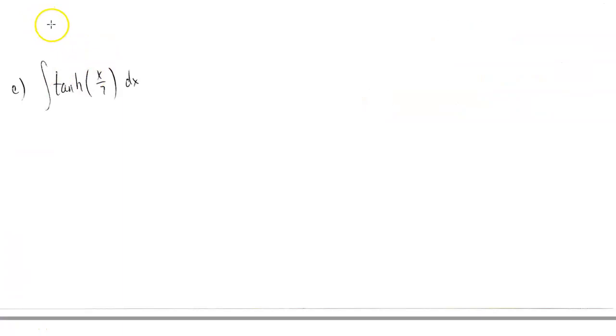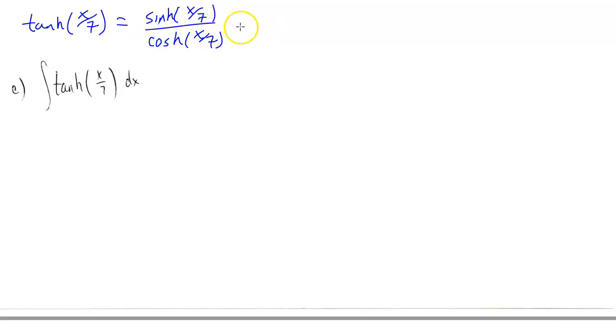All right, so first thing that we want to do is we want to note here that tangent hyperbolic of x divided by 7 is just going to be sine hyperbolic of x divided by 7 over cosine hyperbolic of x divided by 7. And we're going to say let u equal cosine hyperbolic of this.